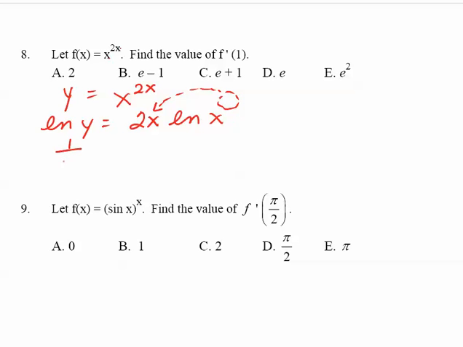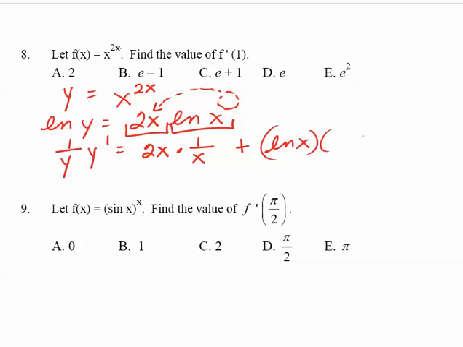And now we do implicit differentiation, and on this side we've got a product rule. So I'm going to keep the 2x, do the derivative of the second part, 1 over x, and then I'm going to keep the second part and do the derivative of the 2x. So here we can cancel this x with this x, and then we're going to bring this y to the other side.